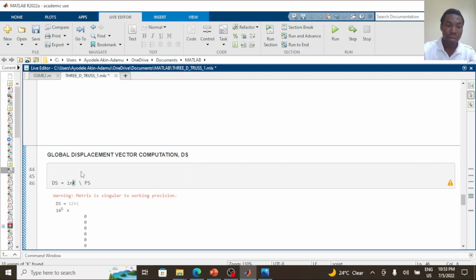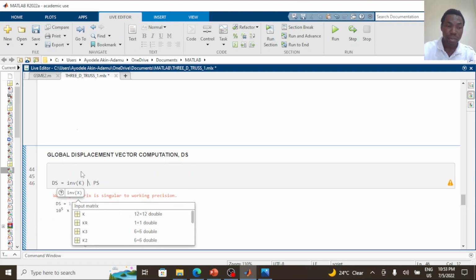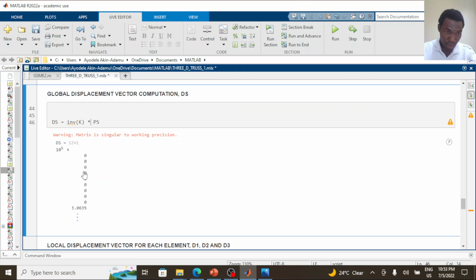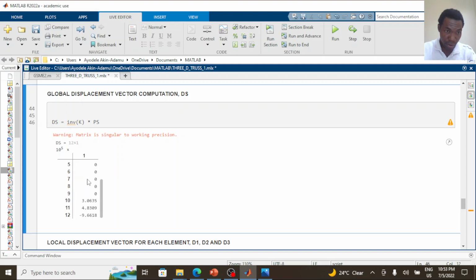Inverse K multiplied by PS. So if I run, we get this value as our displacement vector. And as you can see, the displacement from 1 to 9 is 0 because we have support at that degree of freedom. So that is correct.